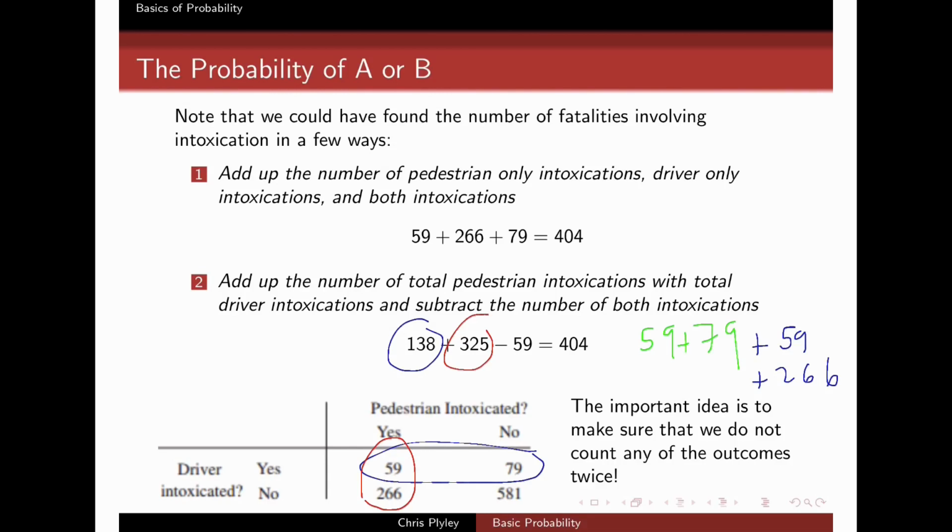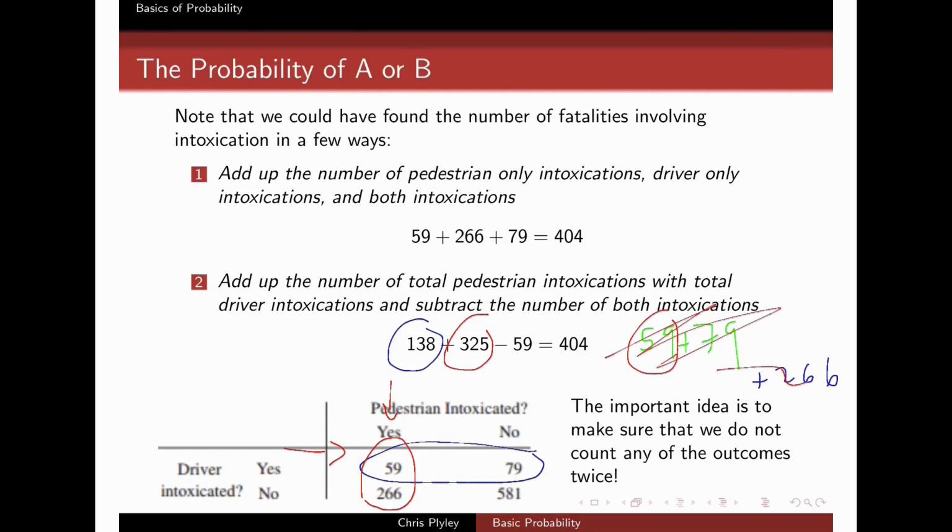And what does that give me? Look, I added 59 twice. Because when I add up the probability the driver was drunk with the probability the pedestrian was drunk, I add this number 59 twice. So I would have had to subtract one of these 59s to actually get the right number of cases.